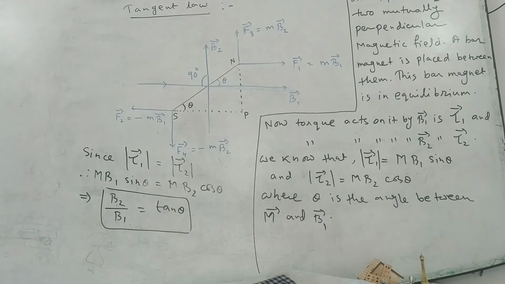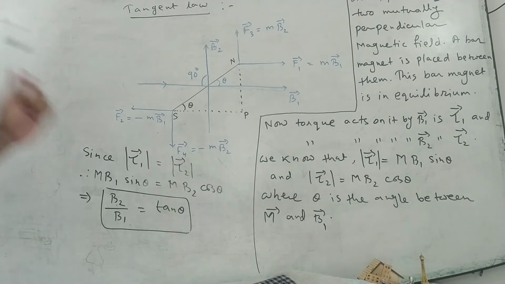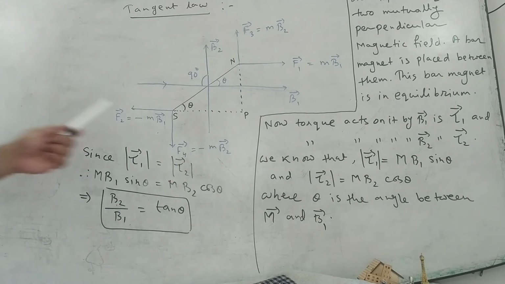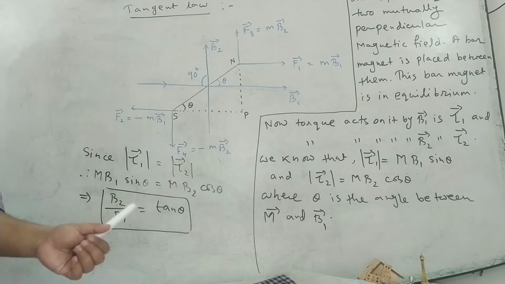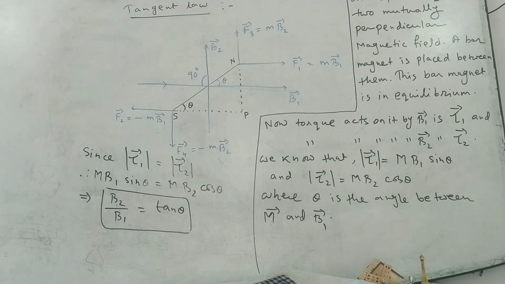Now I am going to establish the tangent law. Let B1 and B2 be two mutually perpendicular uniform magnetic fields, that is, the angle between B1 and B2 is 90 degrees. A bar magnet is placed in these magnetic fields, and this bar magnet is in equilibrium under the two magnetic fields.